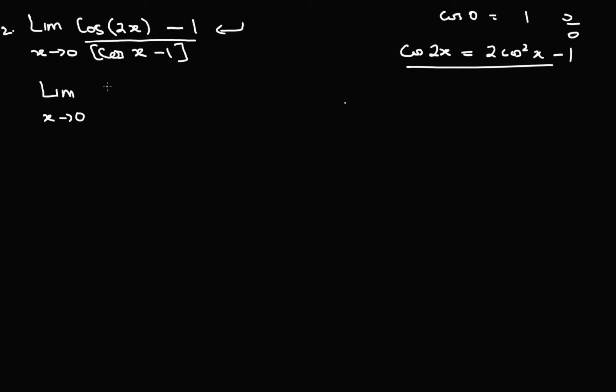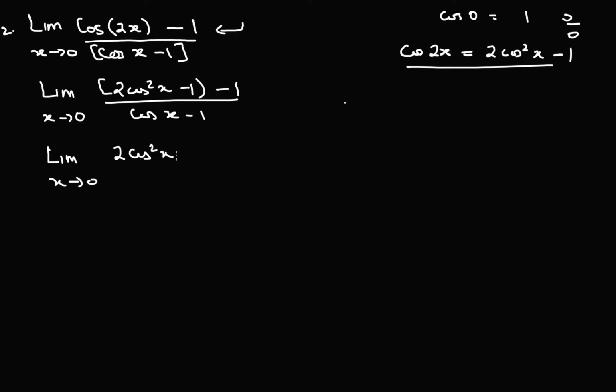So we write the same one. Then here we change this to 2 cos squared x minus 1, and then we take away 1. So we have a situation like this now. We have this limit as well, and once we expand this, we will have 2 cos squared x, then minus 1 and minus 1 gives us minus 2, and then we have cos x minus 1.